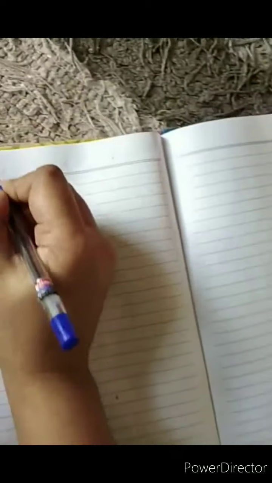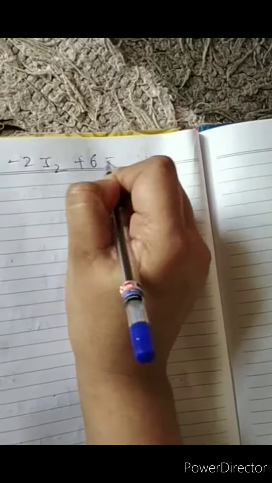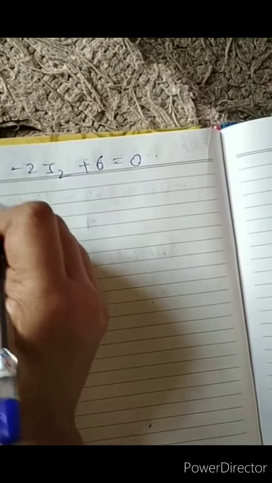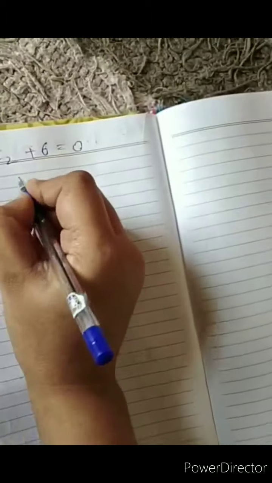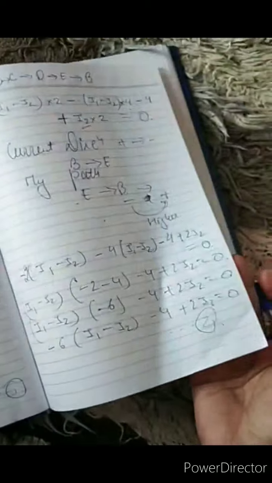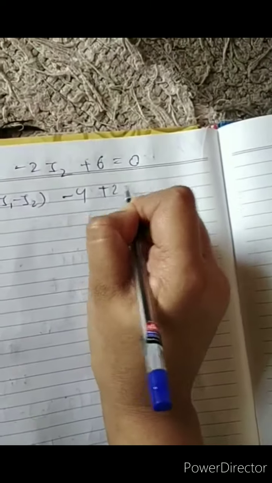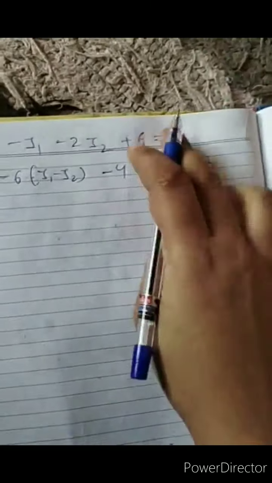Minus of I1 minus of 2I2 plus 6 is equal to 0. My second equation, minus of 6 into I1 minus I2 minus 4 plus 2I2 is equal to 0. These are the 2 equations.